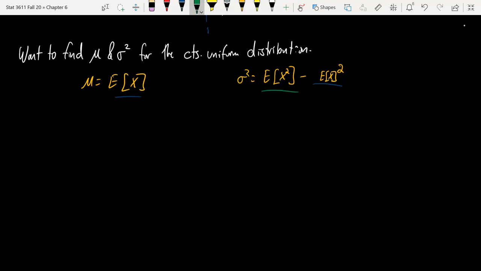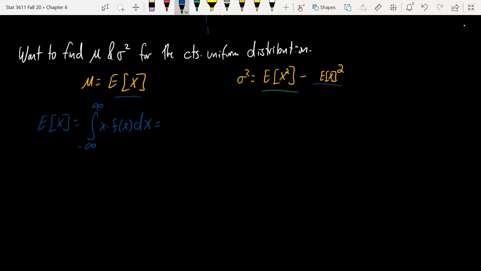So let's start out with the expected value of x and just dive right into the mean. Remember, for the definition of expected value for a continuous random variable, we integrate over all possible values of x times our PDF, f of x dx.